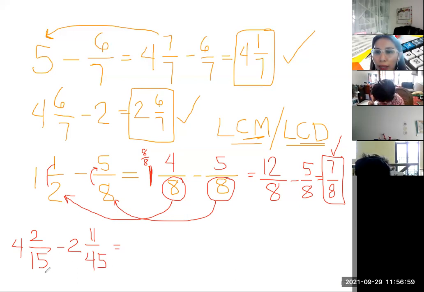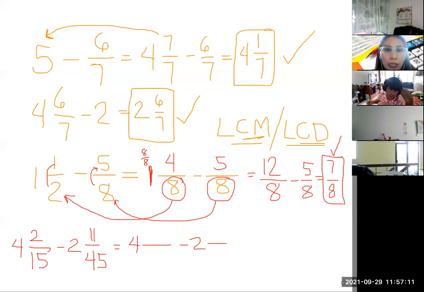We need to get the LCM first. Again, LCM po tayo palagi kapag dissimilar ang fractions. The LCM of 15 and 45 is 45.